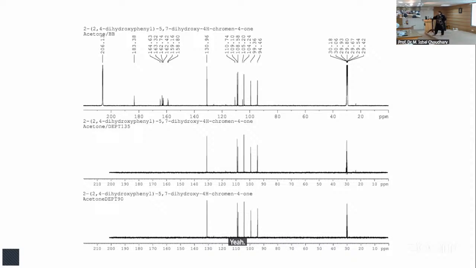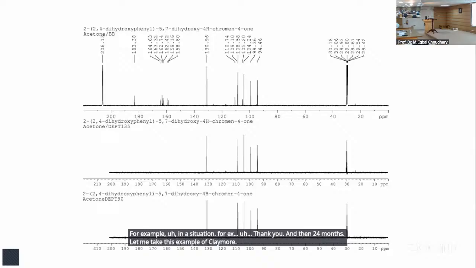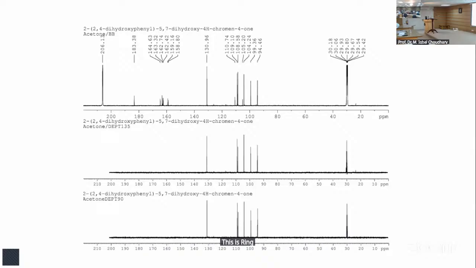And can we have a peak representing two carbons? Yes, you can have that. For example, and that's very common, if we take the example of lemon, this is ring A of lemon, right? Just consider this one group.